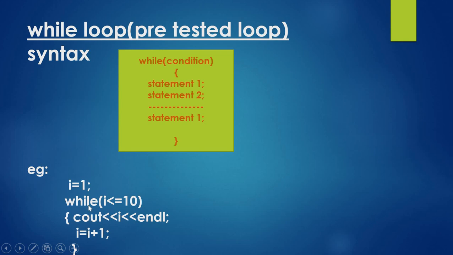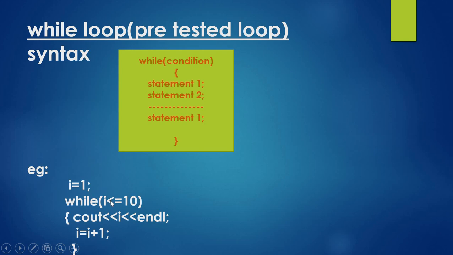In a while loop, there should be three things: initialization, condition, and increment or decrement. In this example, which is the initialization? i = 1.